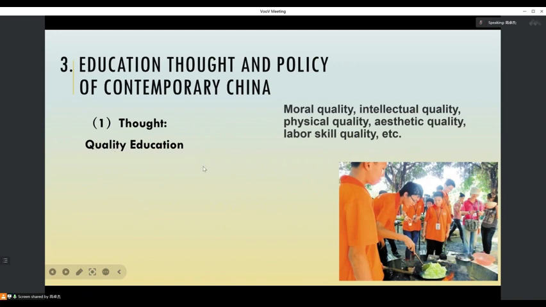Quality education. Quality education means one student may be educated by moral, physical, art, music, labor skill, etc. This is called quality education.